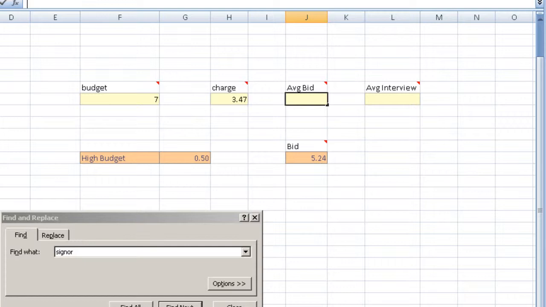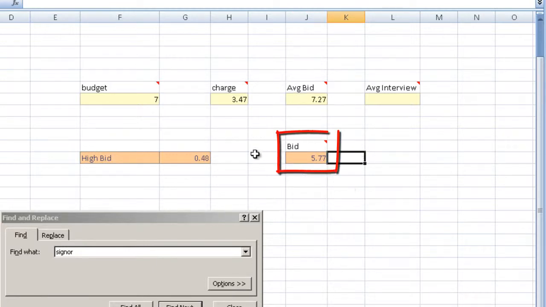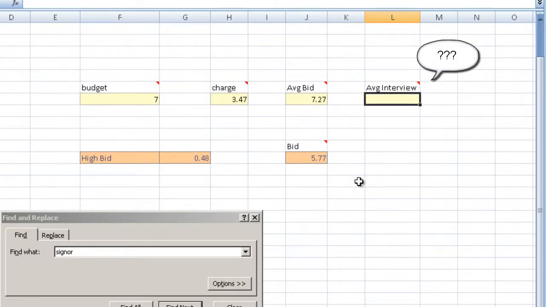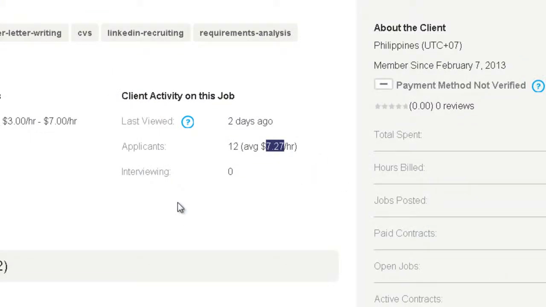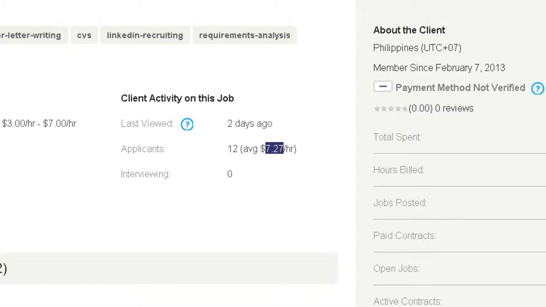And let's see what happens when you add the average bid amount, which is slightly more than the budget. It's going to increase it slightly. And the bid will now be $5.77. And let's say, what if the client was already interviewing and it was showing up the average interview amount?